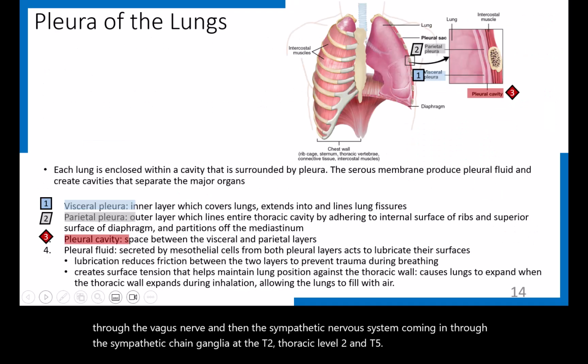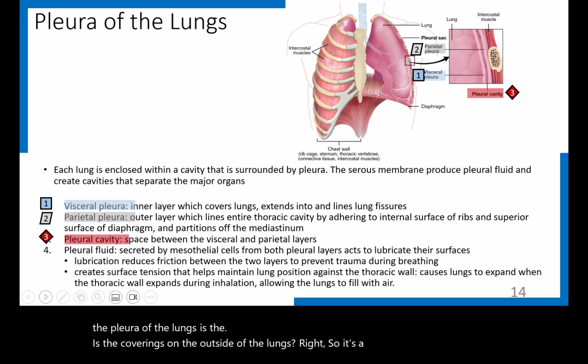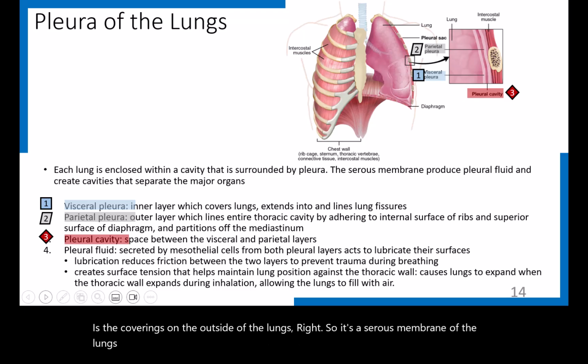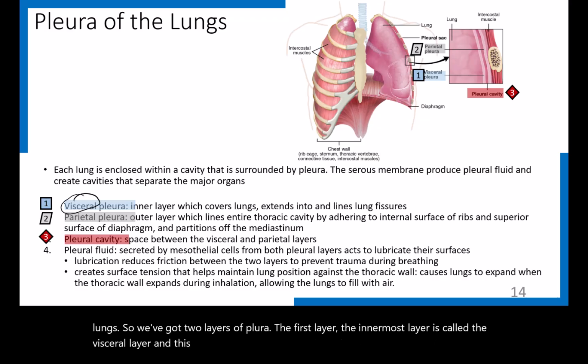Still looking at the lungs, we're going to the pleura. The pleura of the lungs is the covering on the outside of the lungs, right? So it's a serous membrane of the lungs. We've got two layers of pleura. The first layer, the innermost layer, is called the visceral layer, and this is basically stuck to the lungs, right?